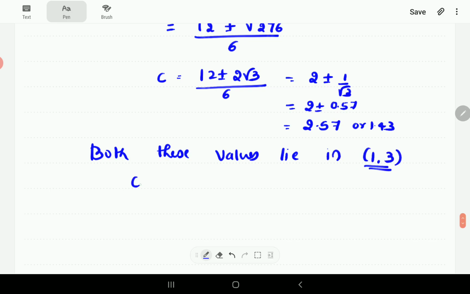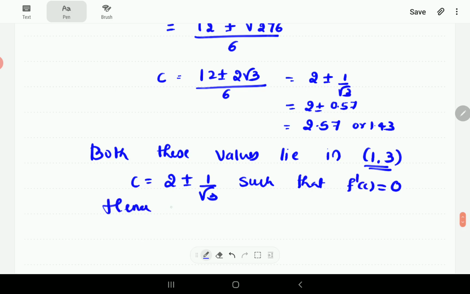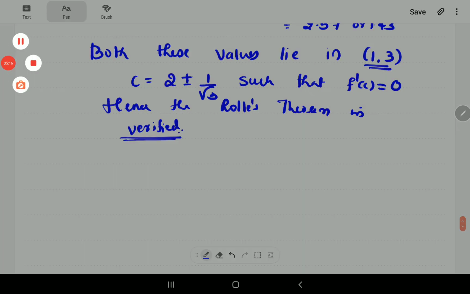Therefore c is equal to 2 plus or minus 1 upon root 3 exists such that f dash at the point c will become 0. Hence the Rolle's theorem is verified. So this is how, guys, we will be verifying the Rolle's theorem for a different example.